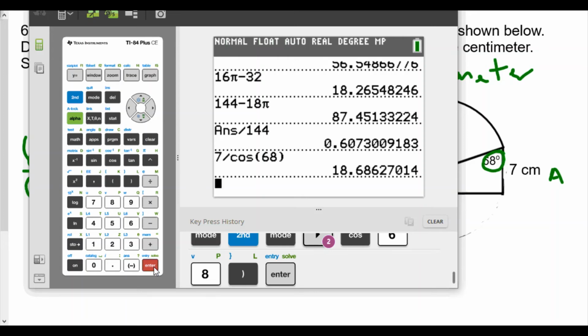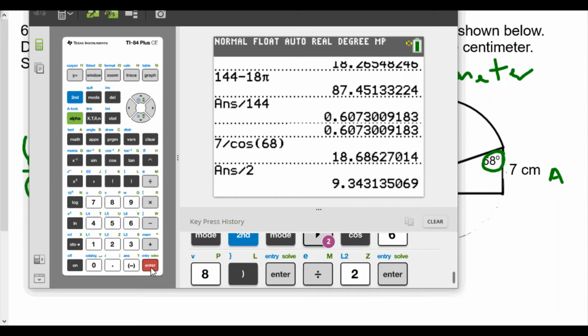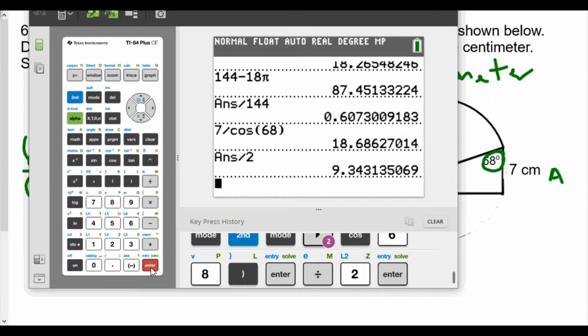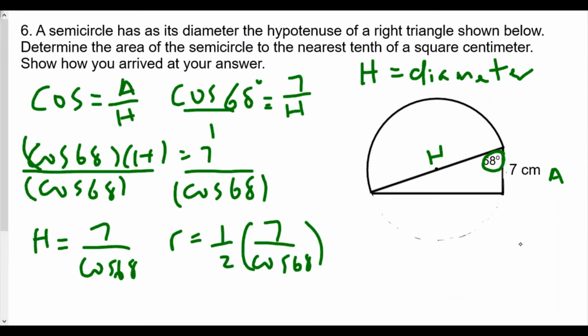Now, we don't want the full amount, we want the radius value, which is divided by 2. So now it's 9.3431, so about 9.34. So r is approximately 9.34.